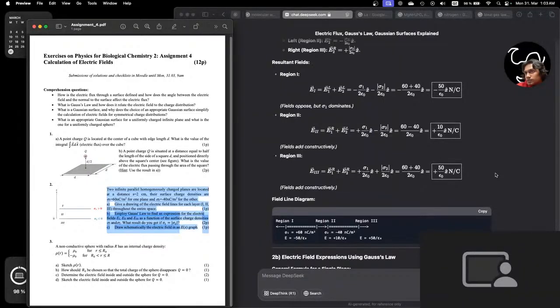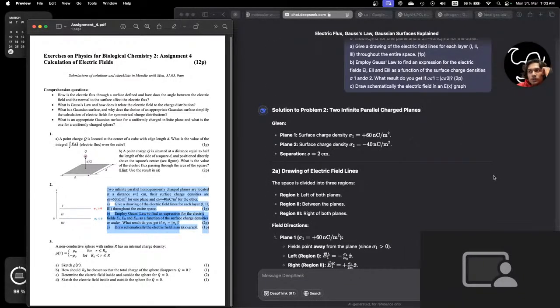So the first plane's surface charge density is 60. Oh, one is positive, the other one's negative. The separation is 2 centimeters.